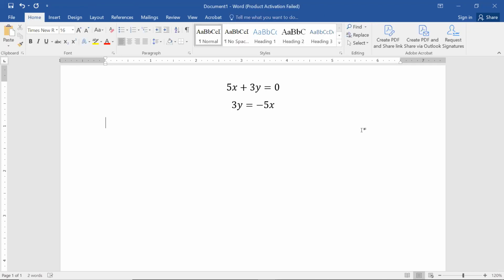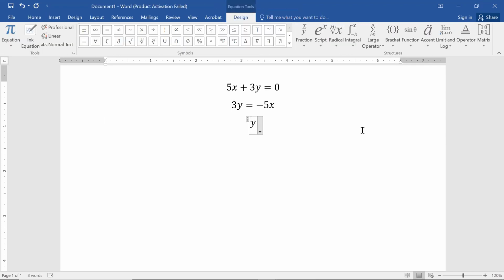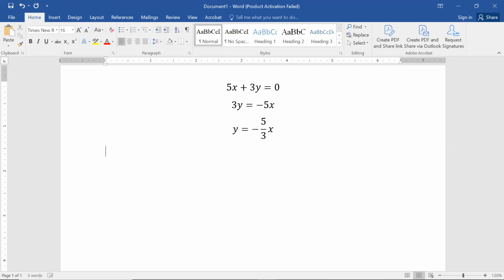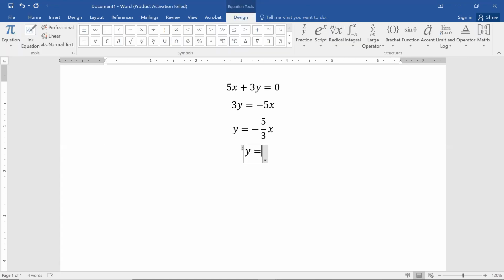Then I would divide by 3. That will get the y alone on the left-hand side. When I divide by 3 on the right-hand side, I get negative 5/3 times x. Now remember, slope-intercept form is y equals mx plus b.